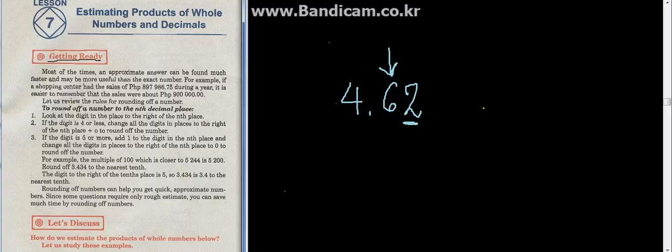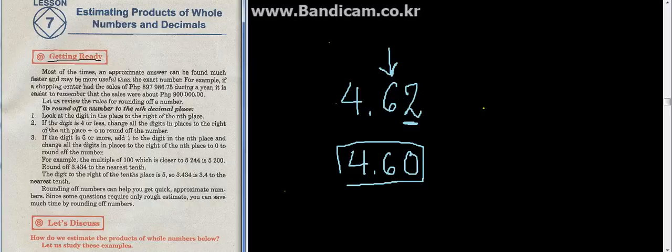If the digit is 4 or less, change all the digits in places to the right of the nth place to 0 to round off. Change all the digits to the right of the 10th place to 0, and that's it. So what you will get is just change the 2 to 0. So 4 and 60 hundredths. That's the rounded off number.